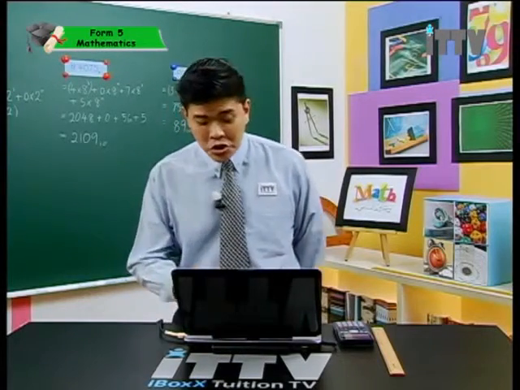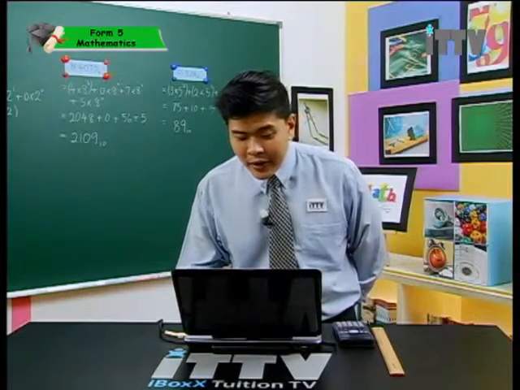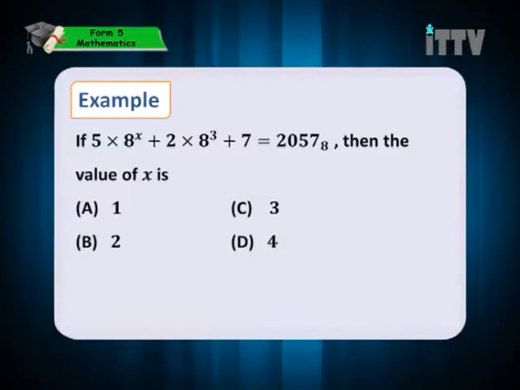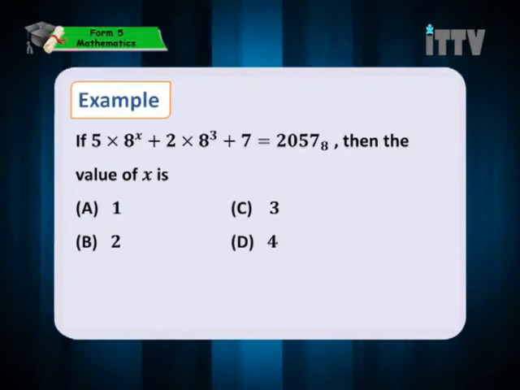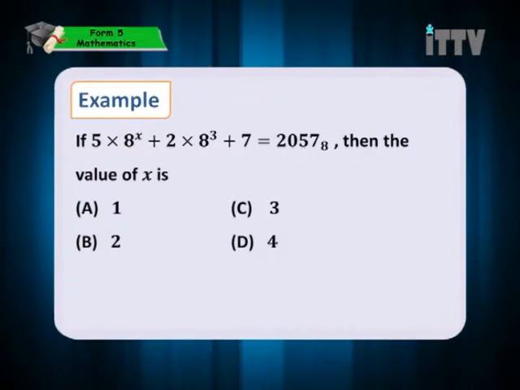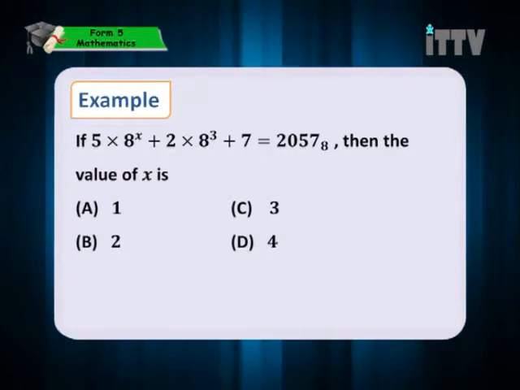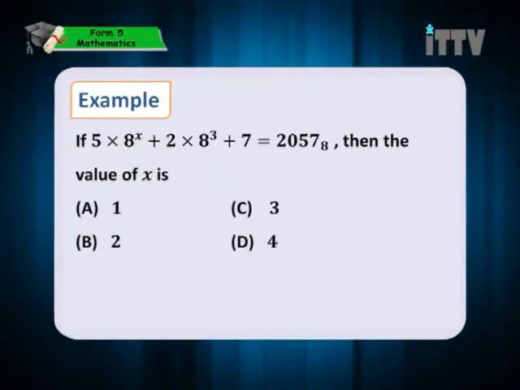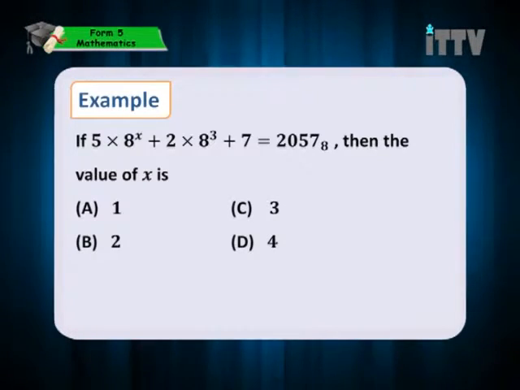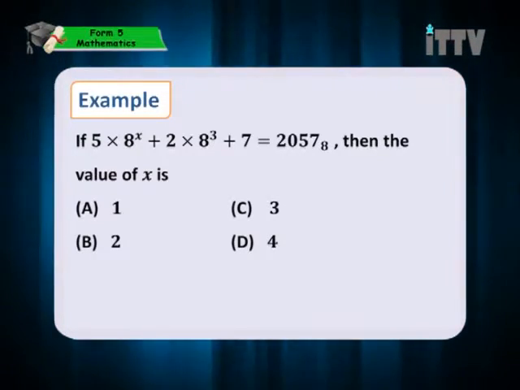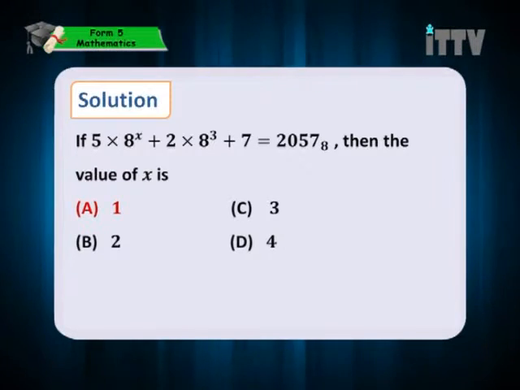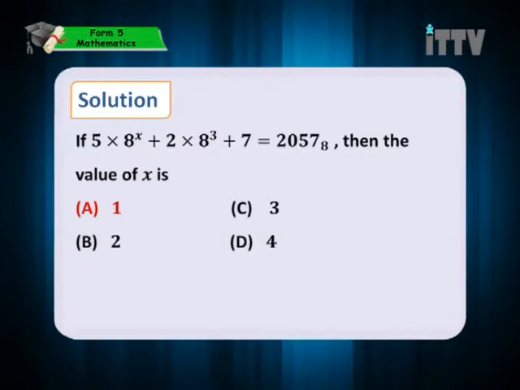For the solution, take a look at the digit 5. The digit 5 multiplied by its place value will be 5 multiplied by 8 to the power of 1, right? So it means that x has to be 1. And the answer is A.